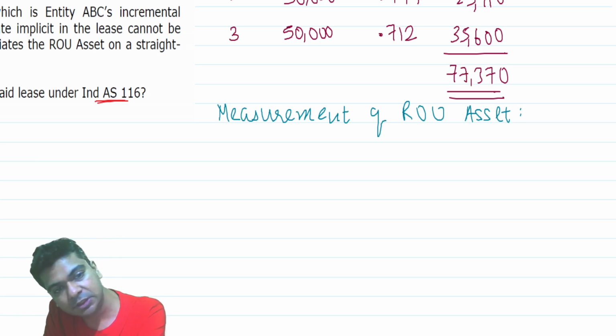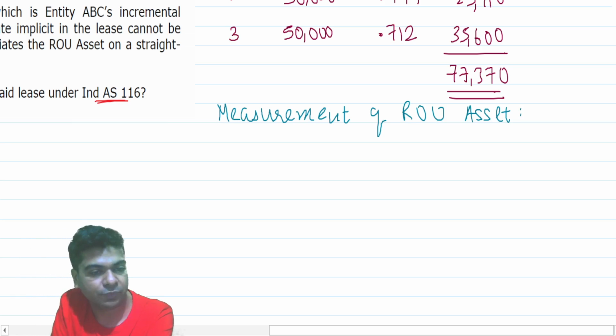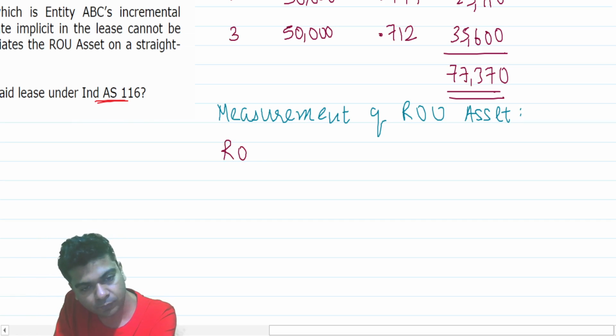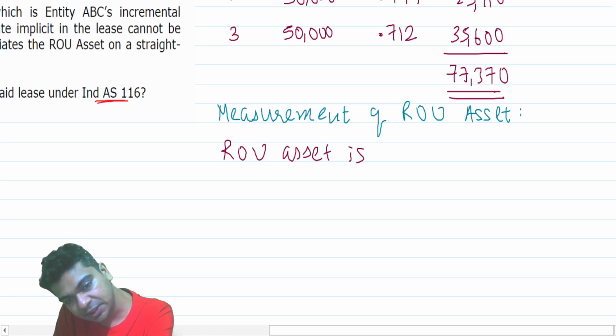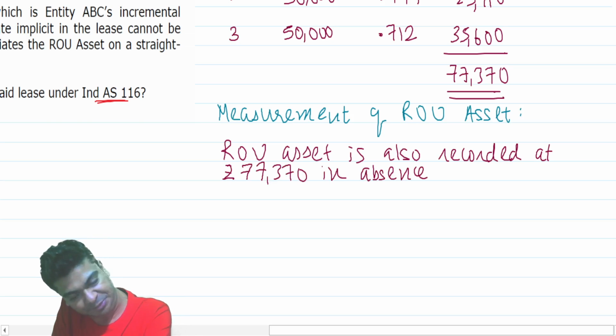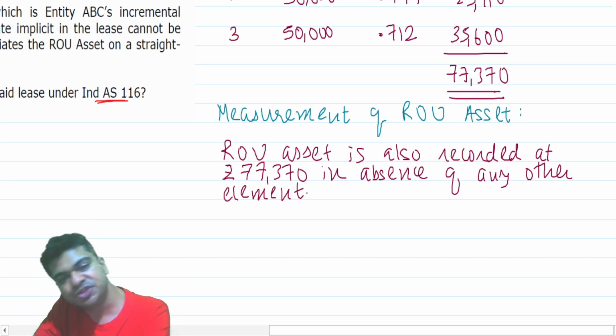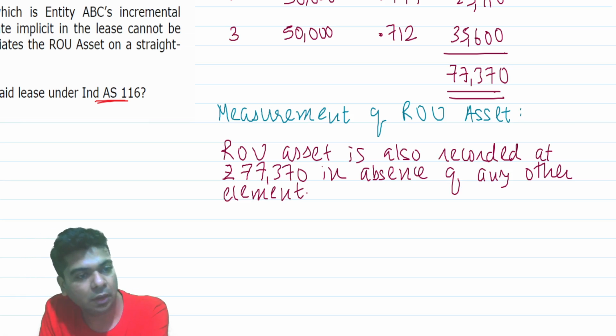In simpler words, ROU asset should also be recorded at rupees 77,370 in absence of any other element. No other elements are given, so we will record the ROU asset at 77,370.